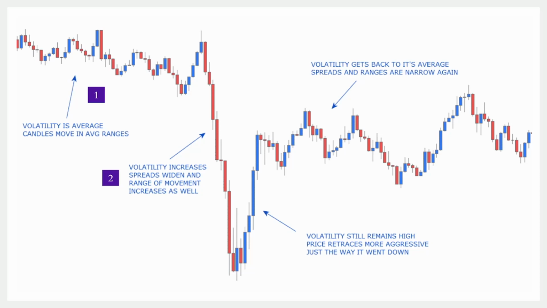As higher volatility is still present on the market, price retraces aggressively, just the way it went trending before. The effect remains the same as the first time, and price gets back quickly. After the retracement is complete, market conditions are back to their pre-trending state. Volatility decreases and the market consolidates once again.